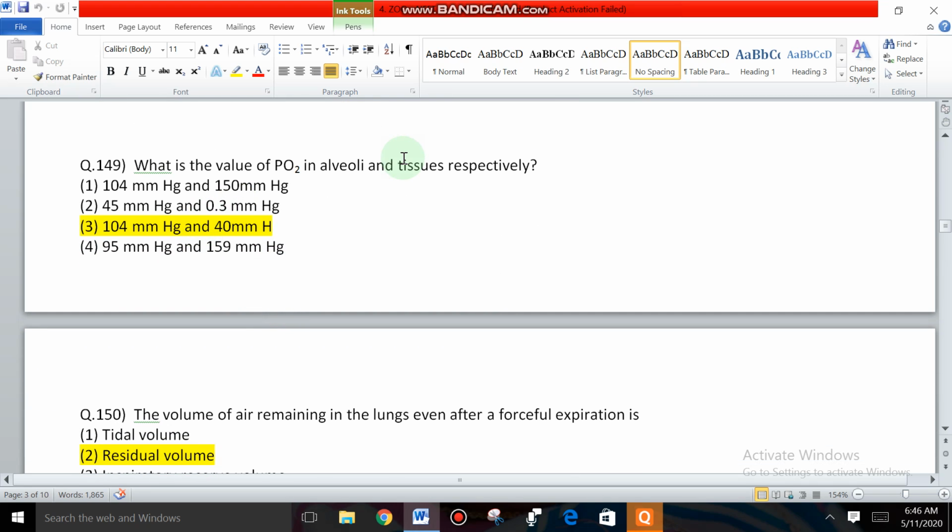What is the value of PO2 in alveoli and tissues respectively? Whatever numerical values are given in the respiratory chapter, those are the most important, right?